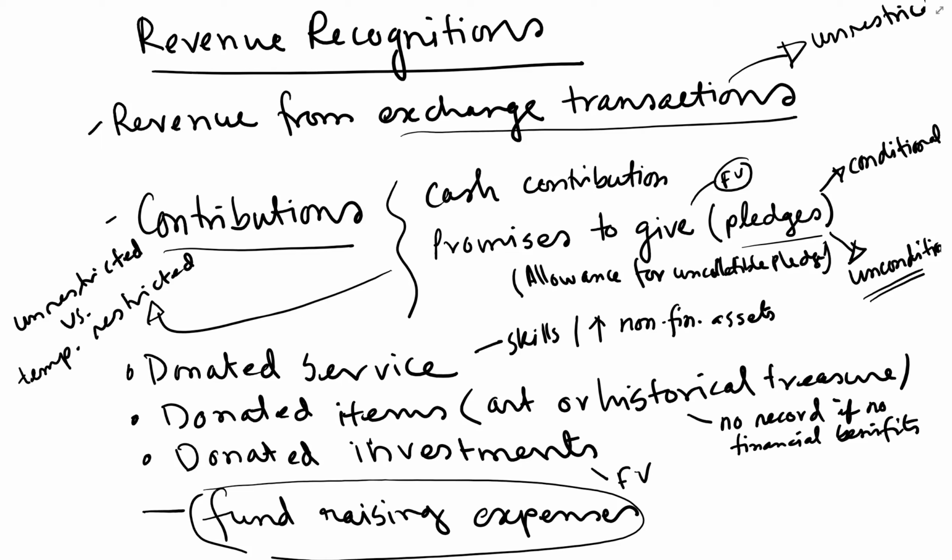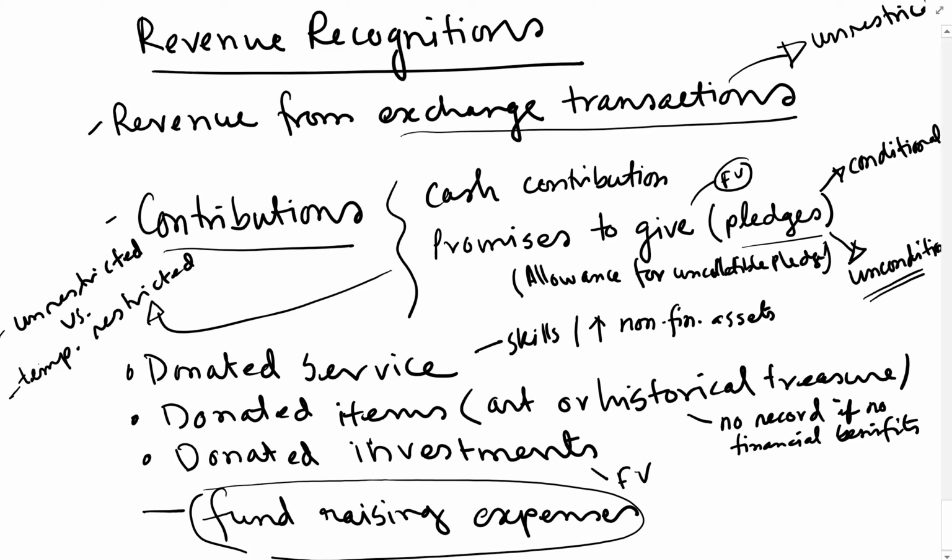Now we have to remember another type of classification. If we receive a cash contribution right away, we will debit cash and show it as contribution revenue, but at the same time we need to classify whether it is unrestricted or temporarily restricted, depending on donor restrictions.